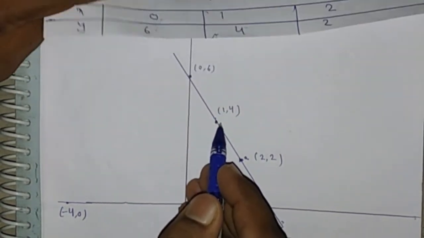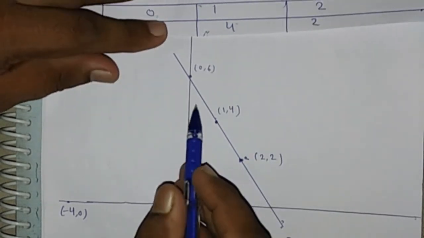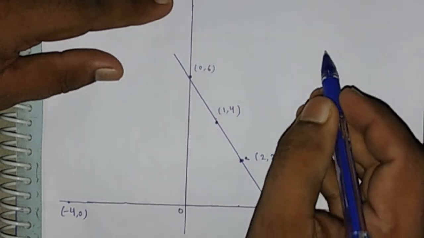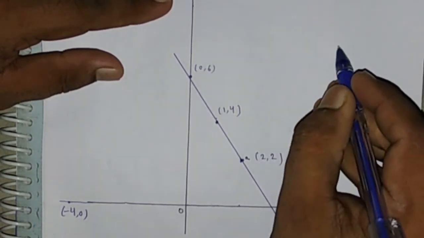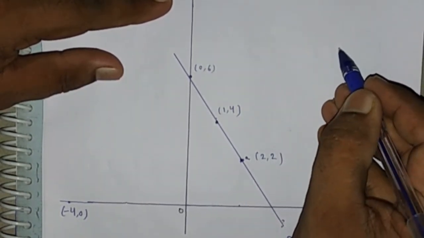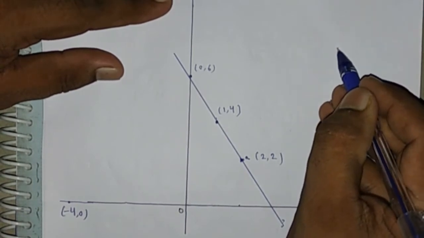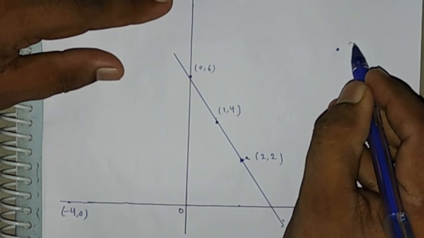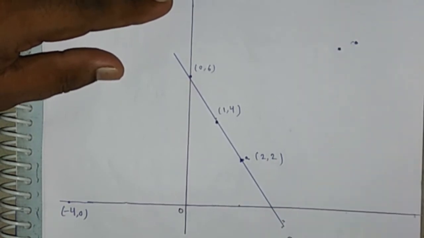And 6, 8: the value of x is 6 and the value of y is 8, so it is this point.